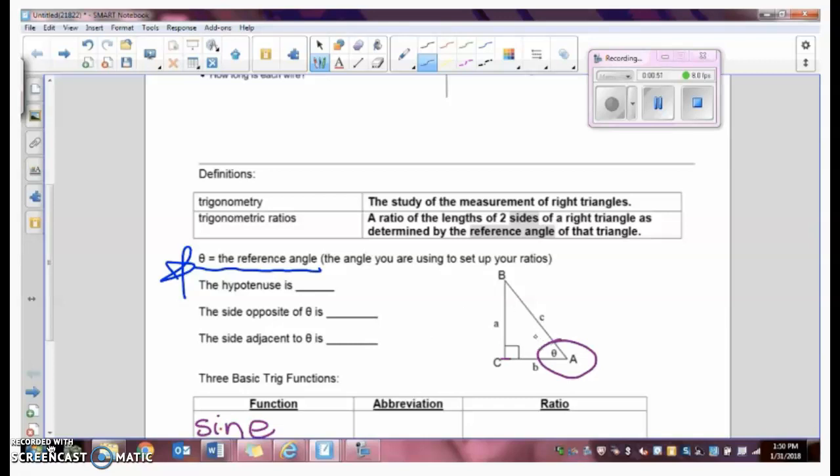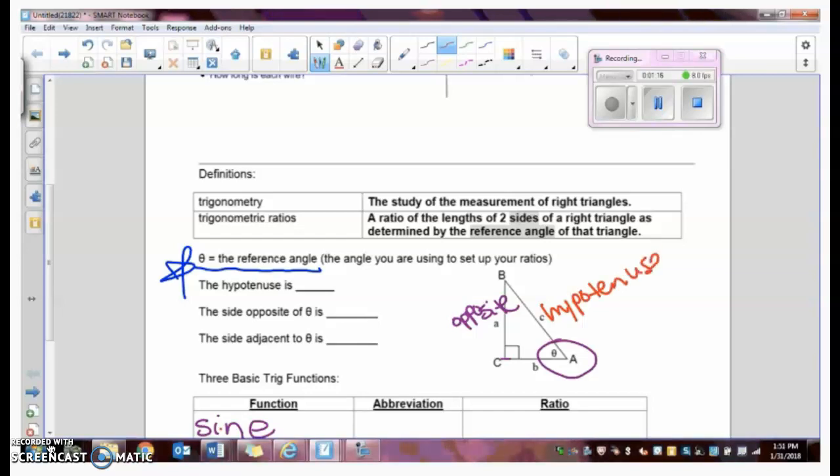So I'm going to start off with a vocab term, the reference angle. We see it represented by a theta, this little symbol down here. That's the Greek letter theta. Then we know that the hypotenuse is the longest side.